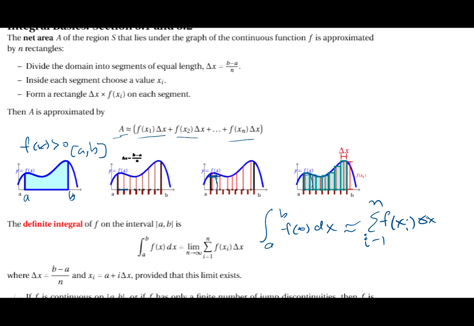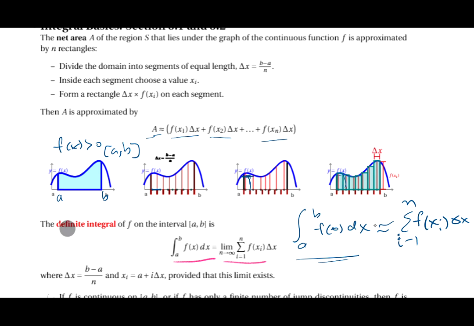If I use many little rectangles and make the width smaller and smaller, this sum gets closer and closer to that area that we denoted by the definite integral. So if n grows, the approximation gets better and better, so the definite integral is equal to the limit of that sum.